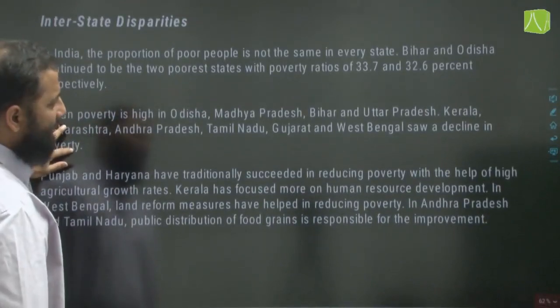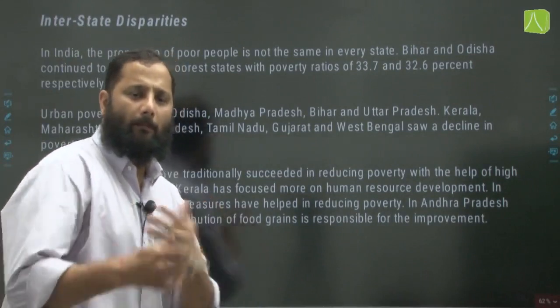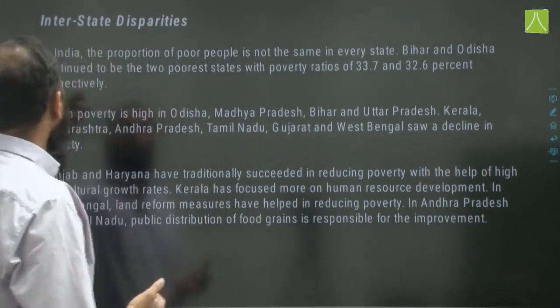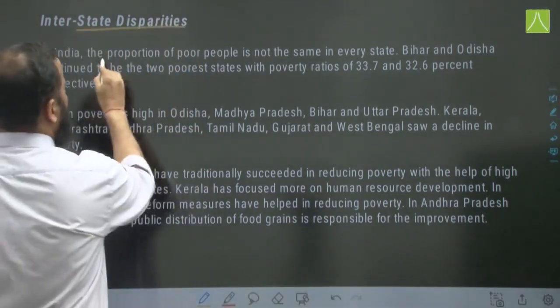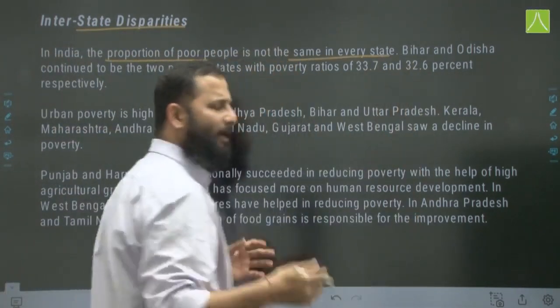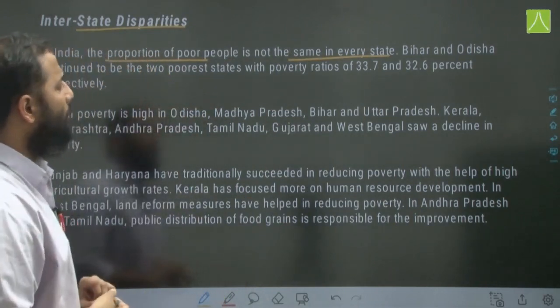Now, interstate disparities, that is how different states perform amongst each other in terms of the reduction of poverty. In India, the proportion of poor people is not the same in every state, and similarly this is not the same in every country also, which we will be seeing in the next topic about global poverty scenarios.